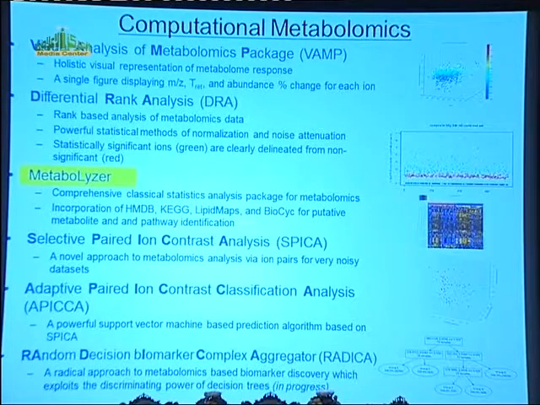And we've developed others which are in the process of being published, such as SPICA, which is a novel approach that doesn't measure the actual levels of a particular metabolite, but compares metabolite pairs. So the advantage there is you technically do not need a control sample, so you're doing internal normalization.